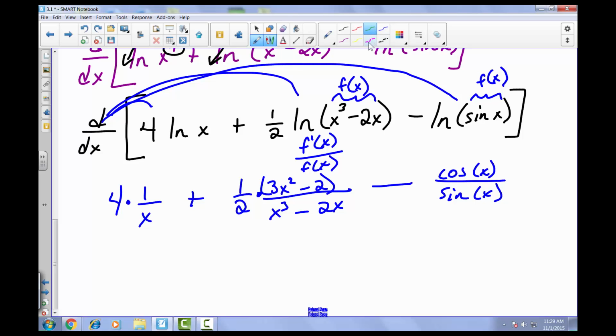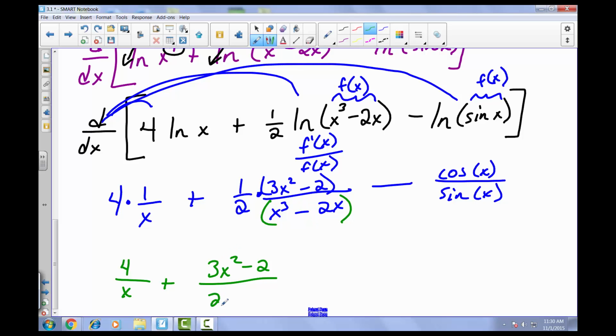And now we can just go ahead and clean this up a little bit. So really we have 4 divided by x plus 3x squared minus 2 all over 2 times x cubed minus 2x. It's really up to you if you want to distribute that 2 in. I think we'll just go ahead and do it.